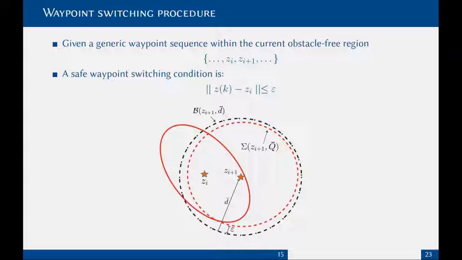Let me call sigma the red largest ellipsoidal control invariant region inscribed in the black obstacle-free circumference centered in the next waypoint. Let epsilon be the difference between this circumference and sigma. Then, a safe switching to the next waypoint can be performed once the robot has reached the current waypoint with a certain tolerance equal to epsilon.